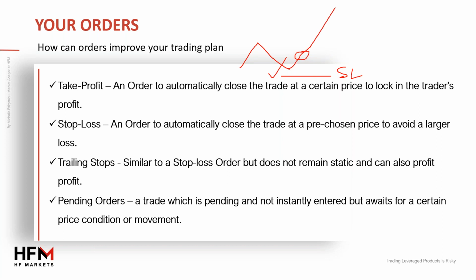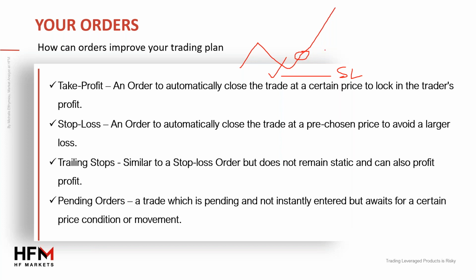So a trailing stop is basically when you're setting a point in the market that is still, should we say, $10 below the current price where you opened the trade, but it's not static.